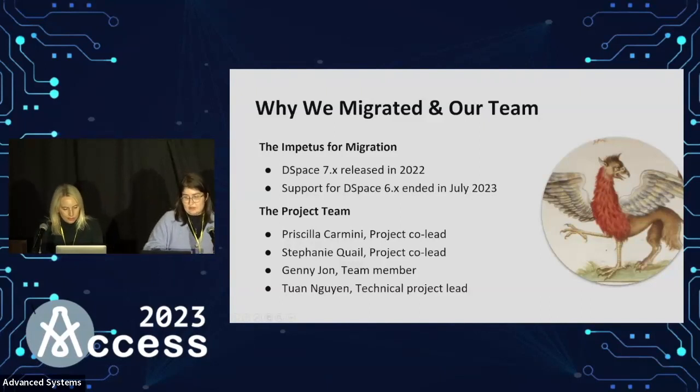The reason we migrated was that community support for DSpace 6 and under was ending in July 2023. That means no more bug fixes, no more patches, none of those excellent things that we love so much from the community.